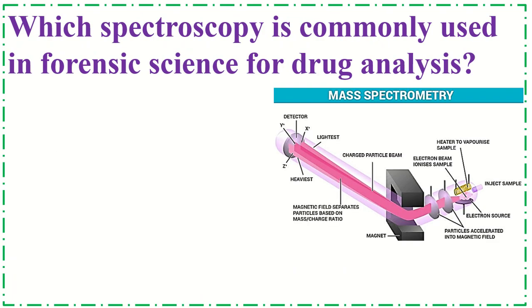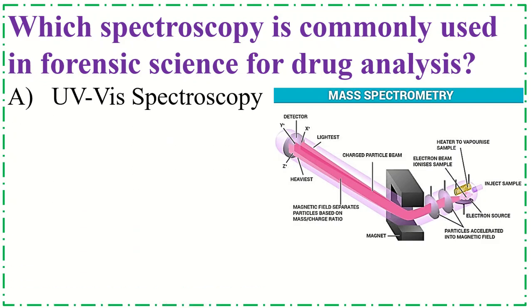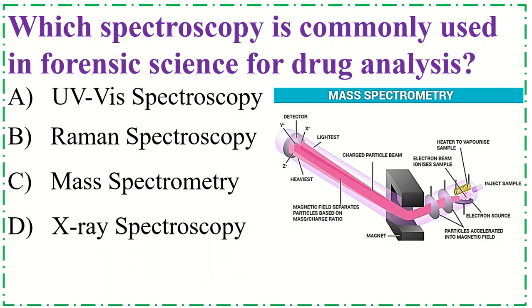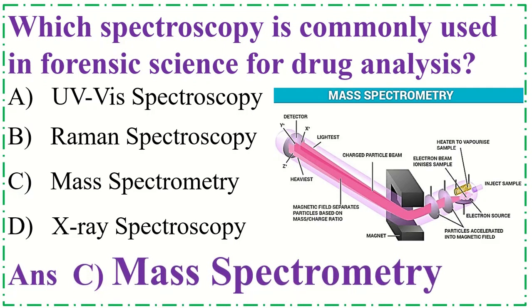Which spectroscopy is commonly used in forensic science for drug analysis? Option A, UV visible spectroscopy; B, Raman spectroscopy; C, mass spectrometry; D, X-ray spectroscopy. Correct option is C, mass spectrometry.